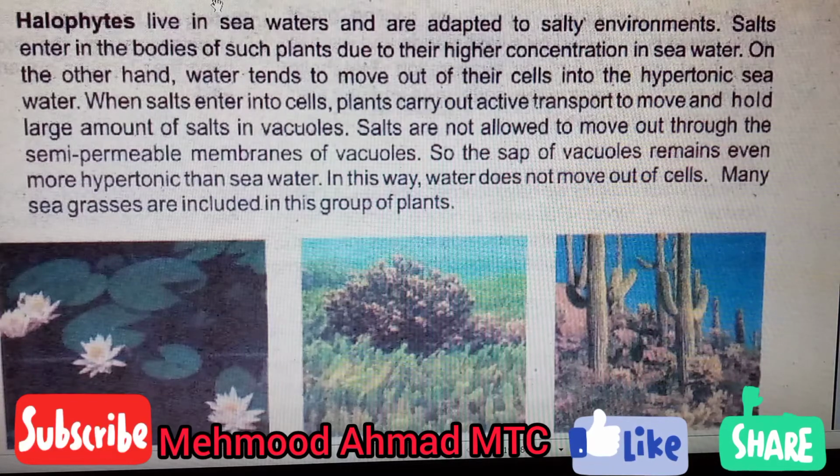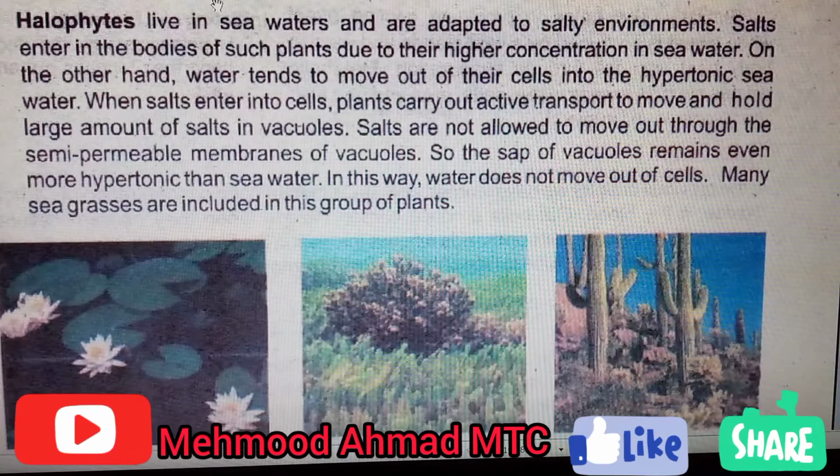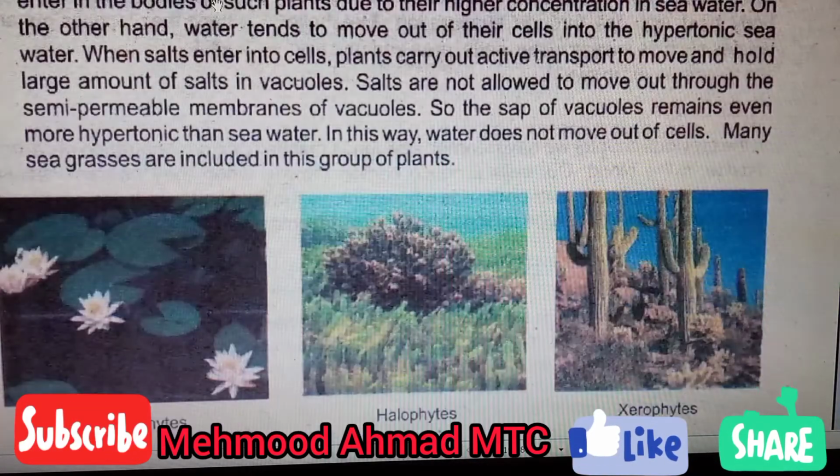Salts are not allowed to move out through the semi-permeable membranes of vacuoles. So the sap of vacuoles remains even more hypertonic than sea water. In this way, water does not move out of cells. Many sea grasses are included in this group of plants.